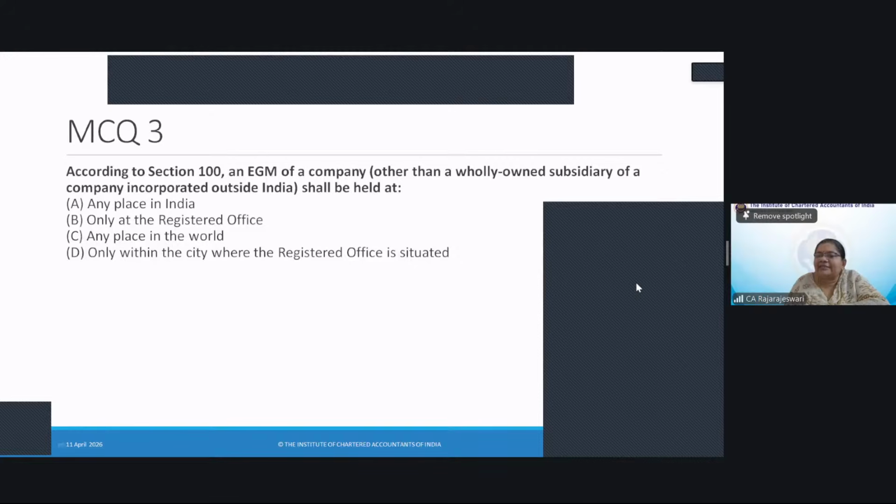See, that says that EGM can be held anywhere in India. In India, the registered office might be in one state. You can hold the meeting within the registered office or outside the local limits, whatever it is, that is applicable.